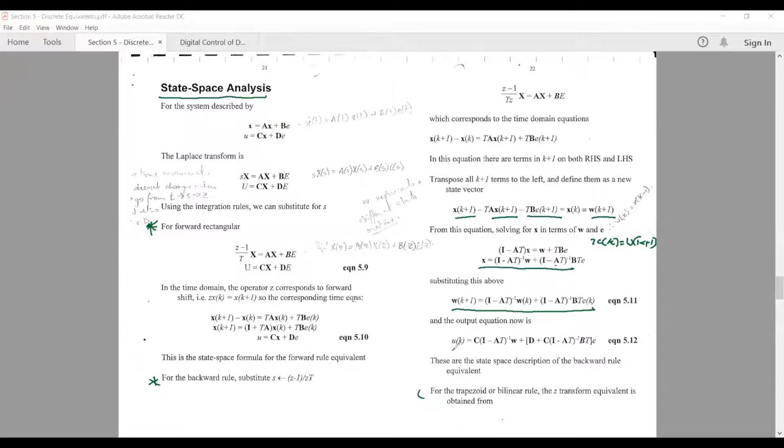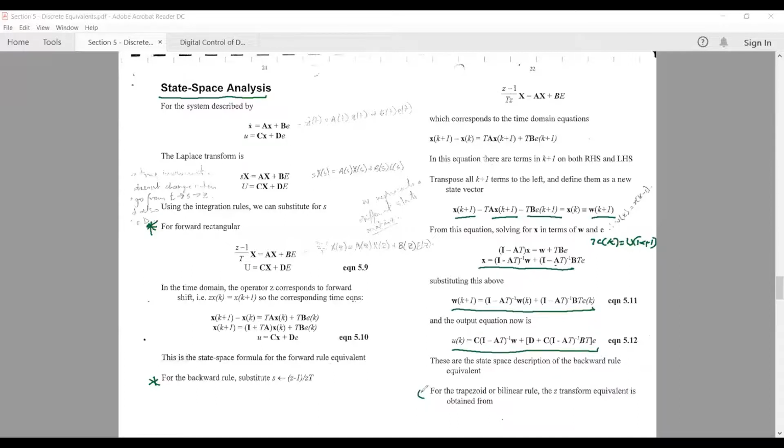So we got u as this. We got w of k plus 1 as this, and u of k as this. So these are the state space descriptions of the backward rule equivalent. When we apply the backward rule substitution of S, this is what we get.